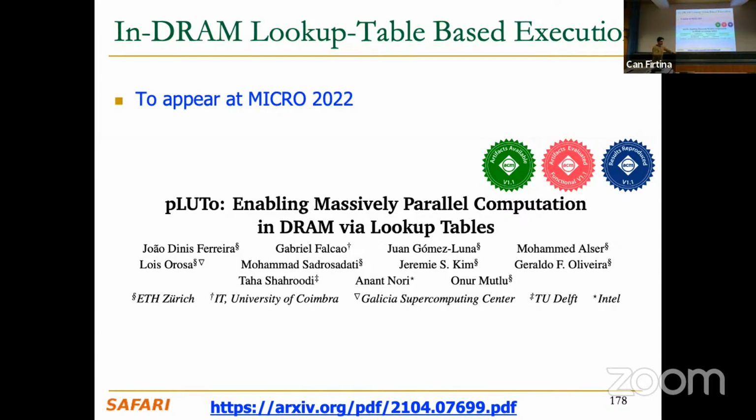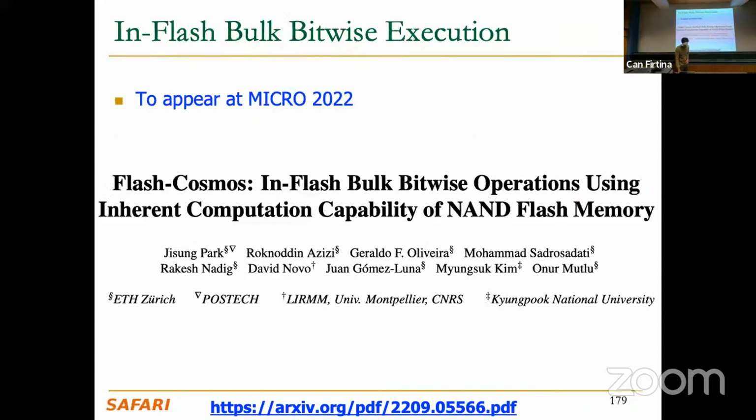But in reality, this is even more complex. It allows you to use a whole DRAM, or the whole DRAM subarrays at least, as larger lookup tables, and perform, let's say, a bigger range of operations as well.